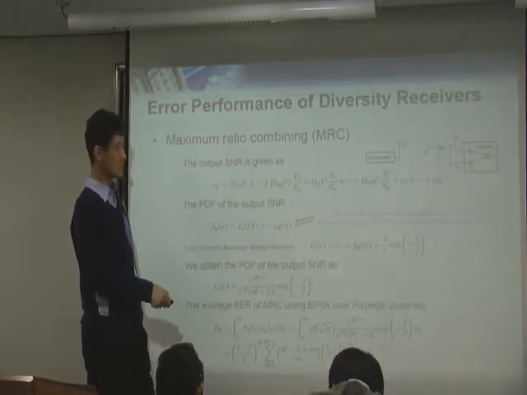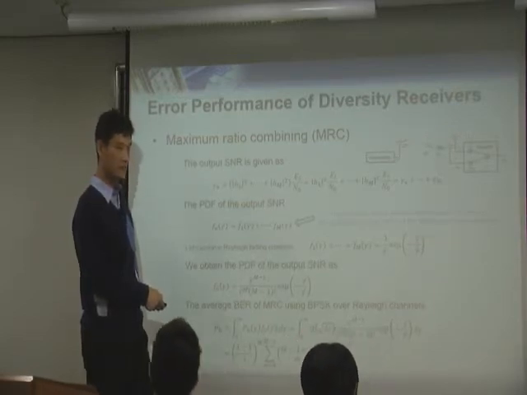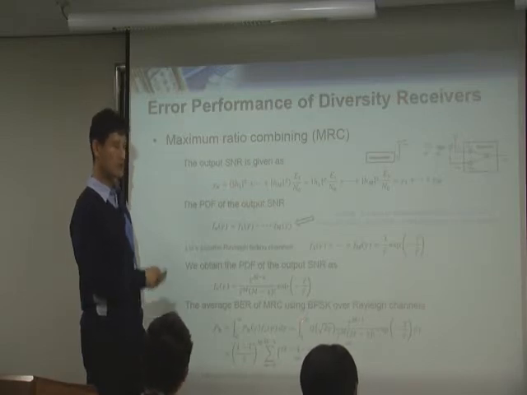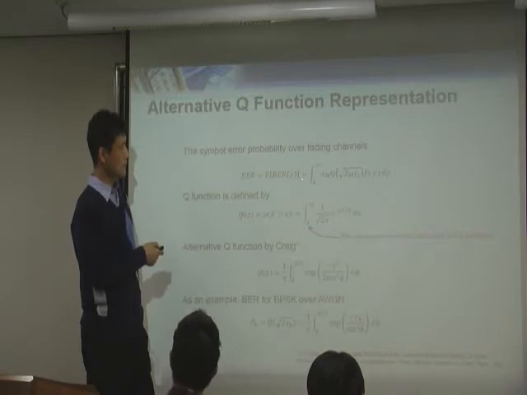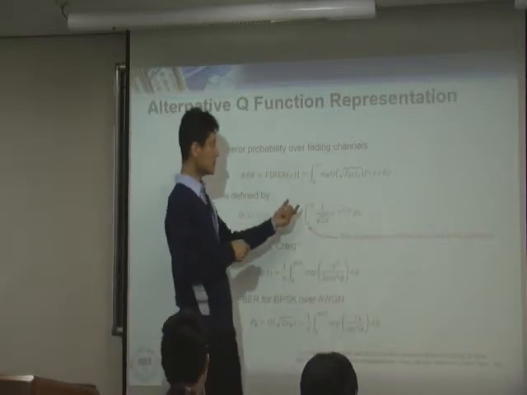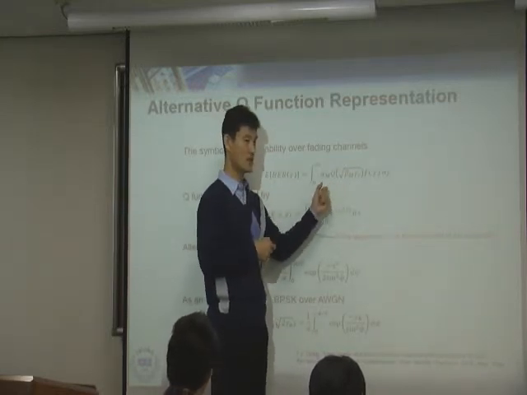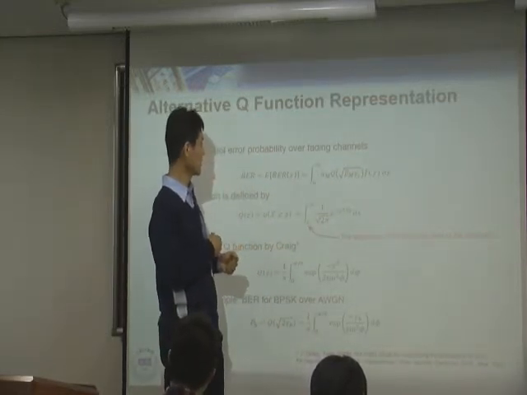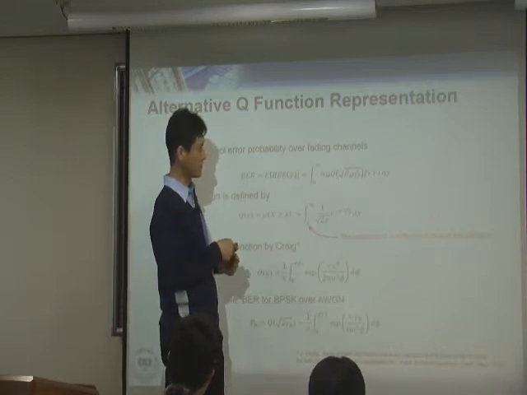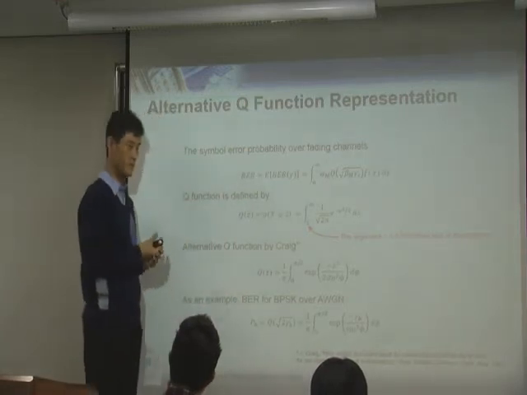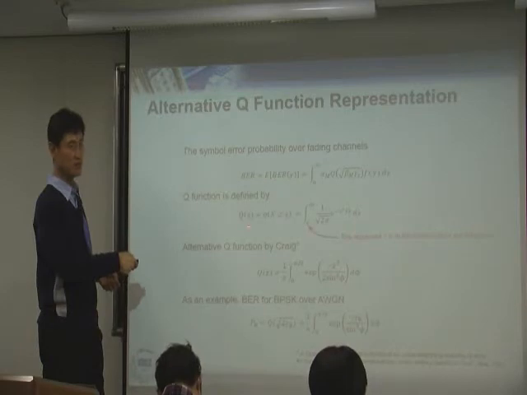For any kind of error rate analysis, you will have a Q function, okay? But that Q function is a problem. So in other words, you always see this kind of equation when you look at the bit error rate. Any bit error rate equation, you will see a Q function. So that's a problem, because the Q function is defined this way, right? This is the original definition of the Q function.